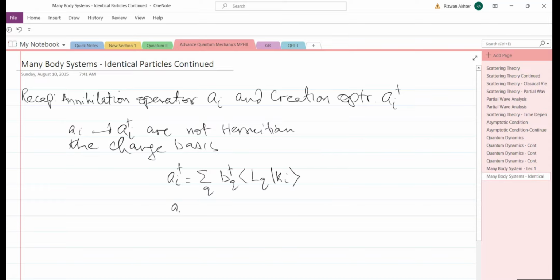And similarly, we have a_i, which is a summation over q, and we wrote it as <k_i|l_q> b_q.